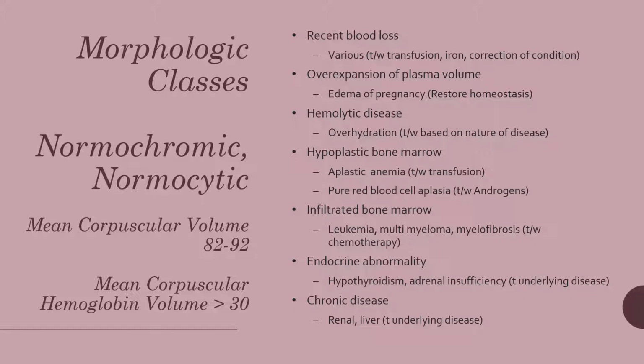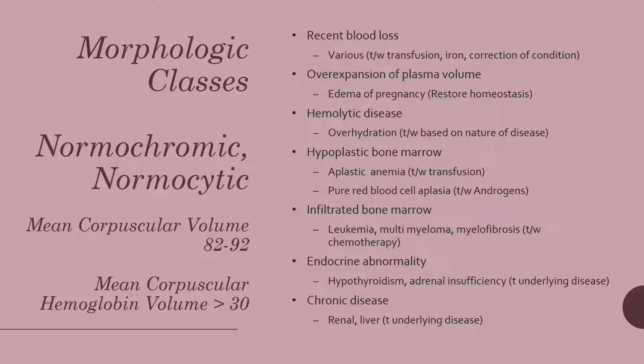Because of this dilution with extra fluid, it appears that certain substances like hemoglobin are actually low. The treatment for this is to restore homeostasis. Overhydration, again, an edema, someone who has been consuming too much fluid will see this same kind of normochromic, normocytic anemia.